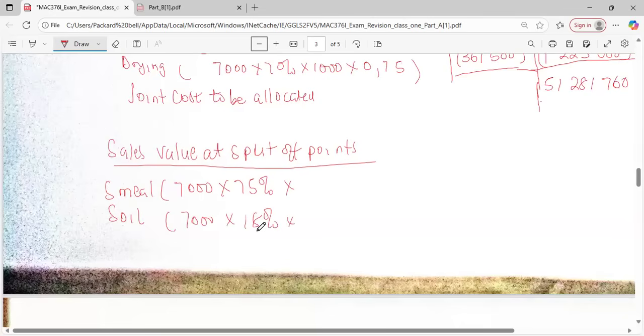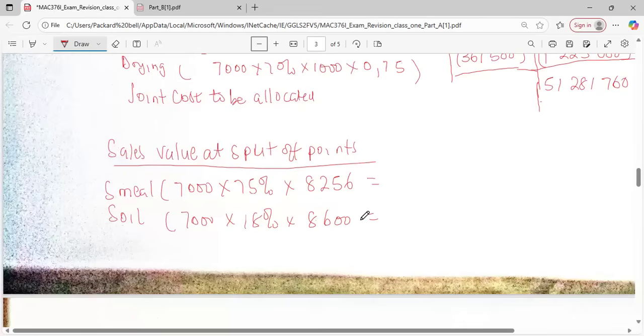So these are the sales value. So this one is going to be 8,256, and this one is going to be what? 8,600, am I correct? So we need our sales value so that we can now allocate joint cost to the joint product.